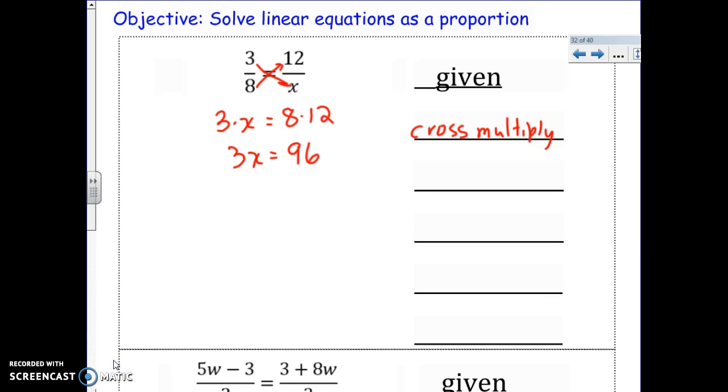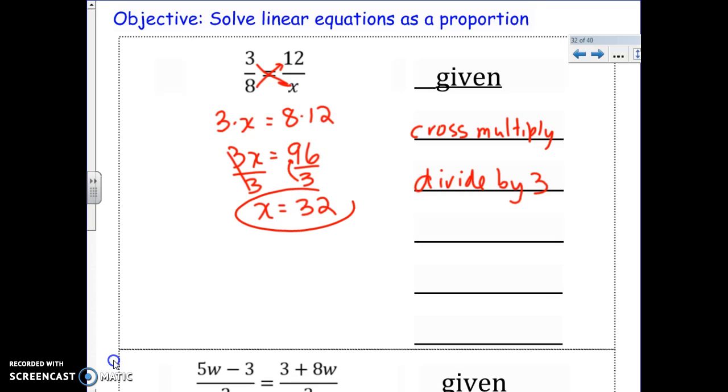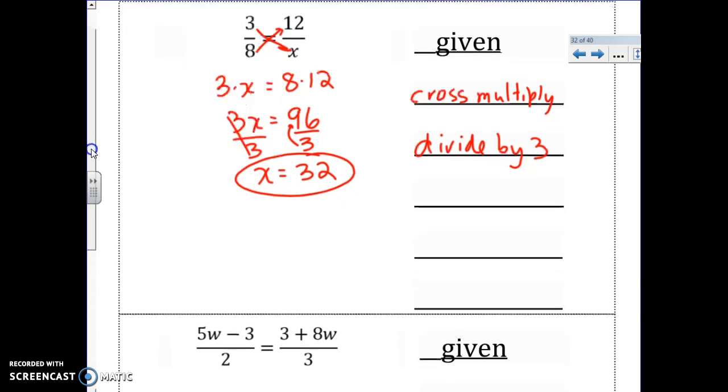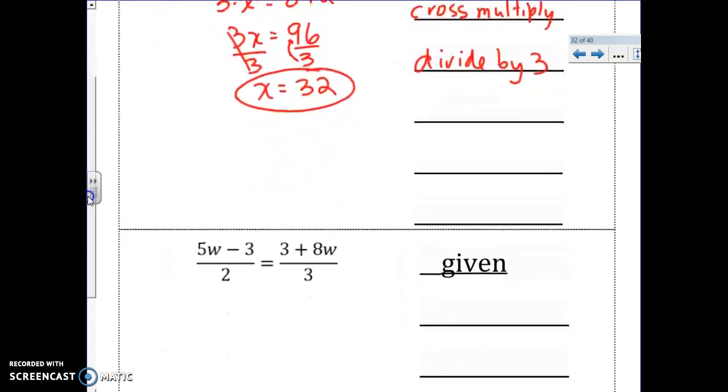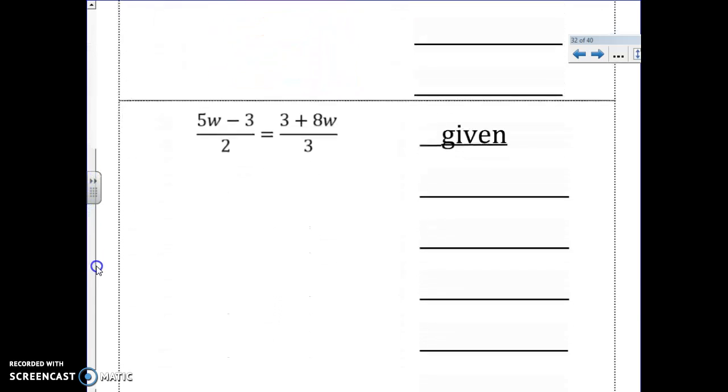Then I want to get the x by itself by dividing both sides by 3, to undo or cancel out that multiplication. 3 goes into 9 3 times, and 3 goes into 6 2 times. And that's my answer. I'm not going to do this one the other way because it's so much more straightforward when you cross-multiply.